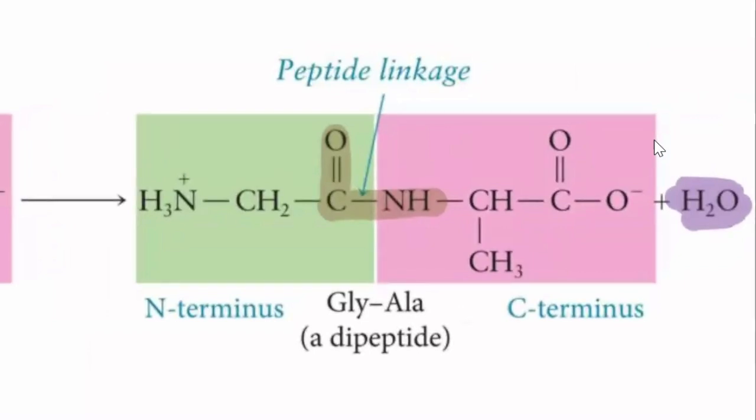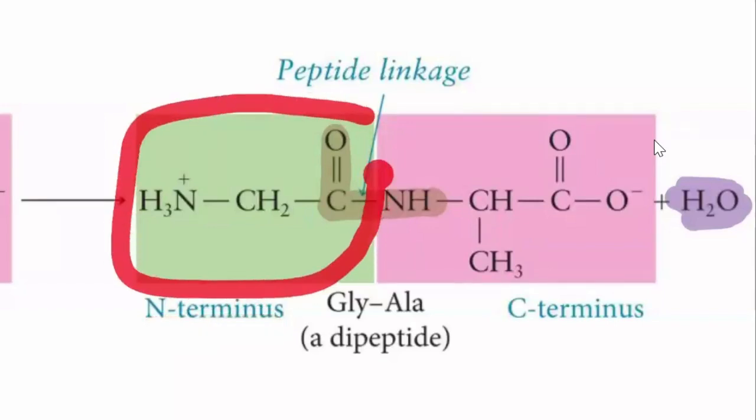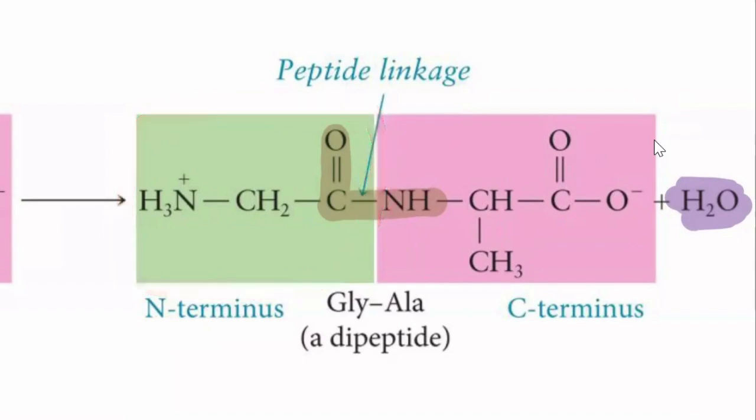So the N terminus is going to be the amino acid that is the first one within a peptide.